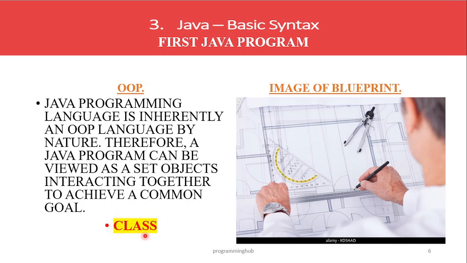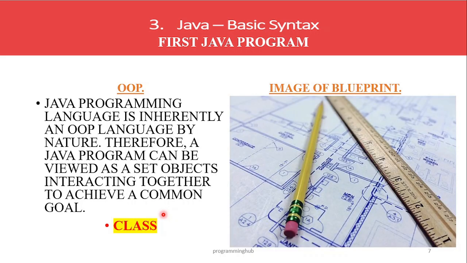This class contains all the details of what we want to implement. For instance, assume that you are constructing a class called a person. A person has various features. This person might have a name, which identifies him, maybe an age, and a height.